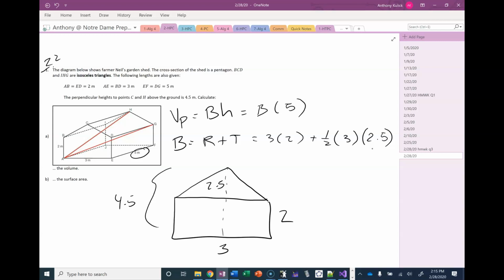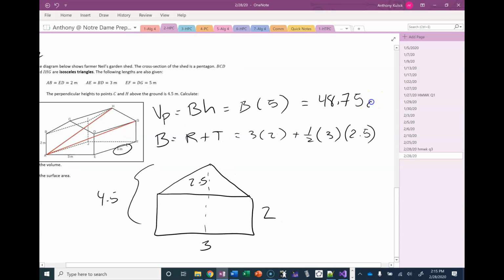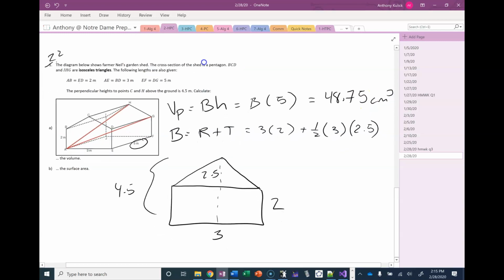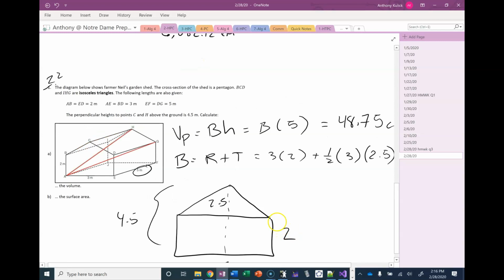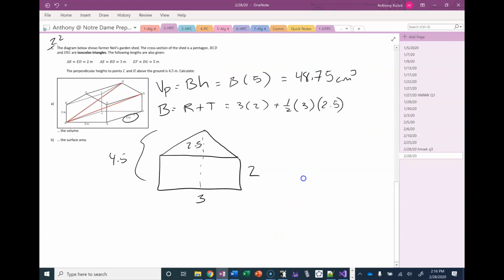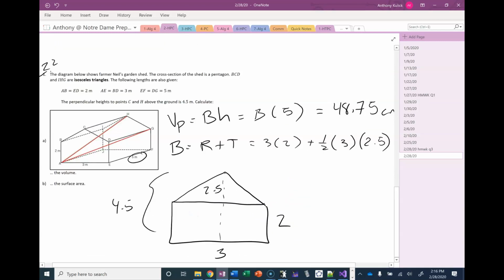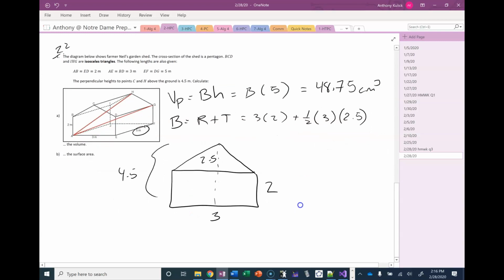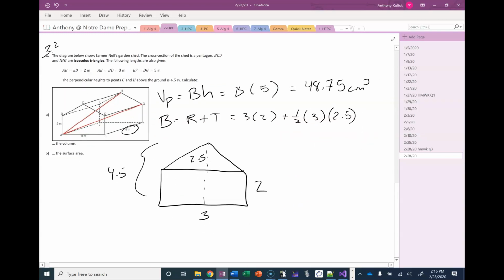So then if I plug that all in, I should then get the 4875 as quoted in the answers. Somebody want to check that for me? Day of getting these questions right. I mean, just with your calculator, just to make sure that that works out. I think it should.